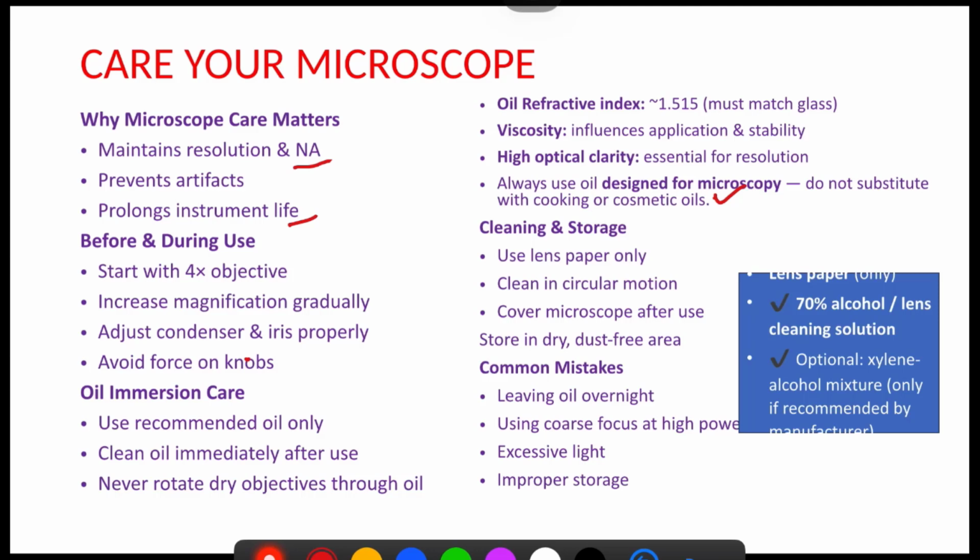And what are the common mistakes? Leaving oil overnight, using coarse focus at high power view, excessive light, and improper storage are not beneficial. So avoid all these mistakes.